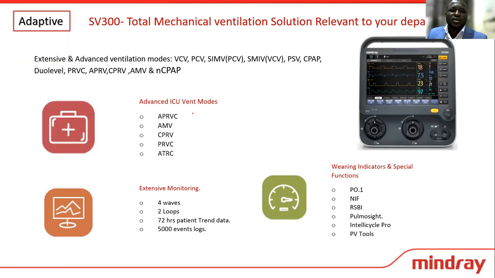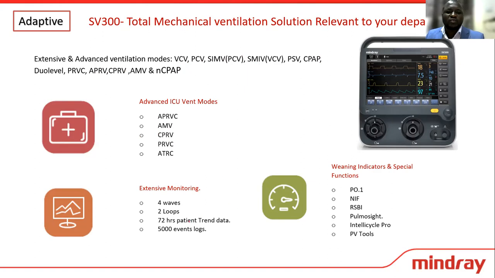Looking into the total mechanical ventilation solution that you're able to provide in relevance to your department, we offer extensive and advanced ventilation modes to include normal or the basic controlled modes, spontaneous modes, and advanced ventilation modes to include APRV, adaptive ventilation modes, which is an automatic closed loop ventilation mode, and other ventilator assistive tools to improve the patient synchrony.